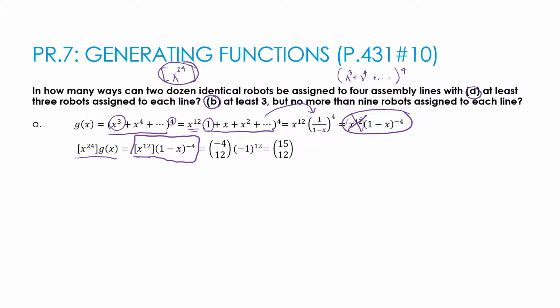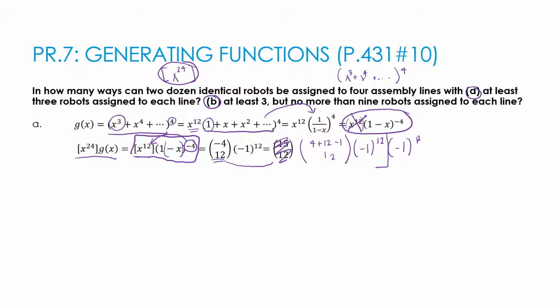And then how do I do that? I say negative 4 choose 12 of that function, and then also I have negative x, or in this case we only care about the negative 1, to the 12th. Well, and I didn't write this part in between, so if you want the part in between, I would then have 4 plus 12 minus 1, choose 12, negative 1 to the 12th, negative 1 to the 12th.